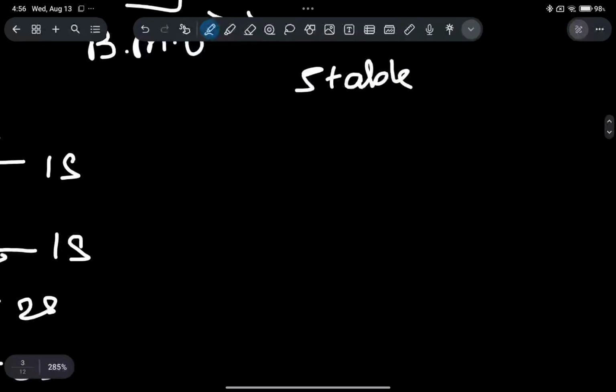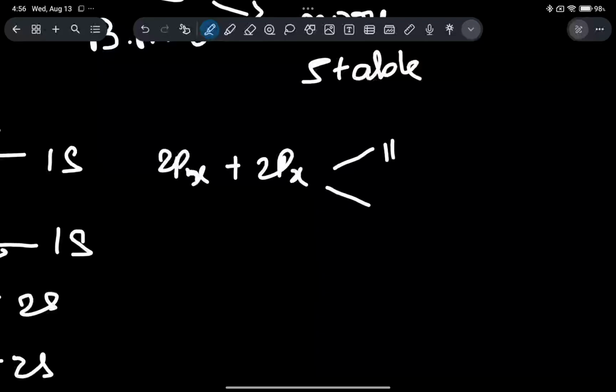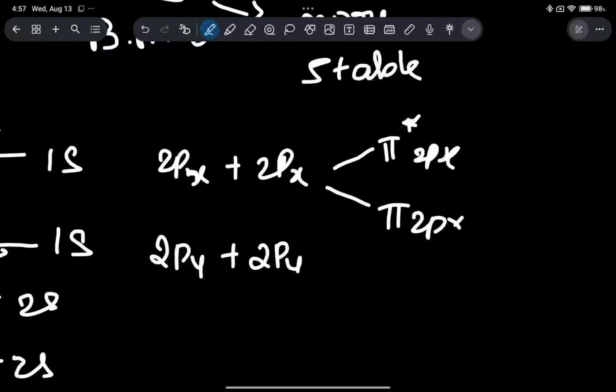And if you take p, there are three components: px, py, pz. As a molecular orbital has three shells, I am taking px, py, pz. 2px plus 2px gives pi 2px and pi star 2px. 2py plus 2py gives pi 2py and pi star 2py.